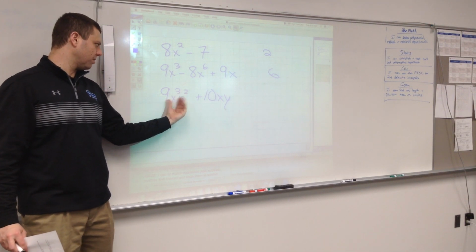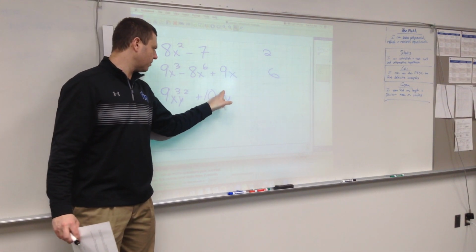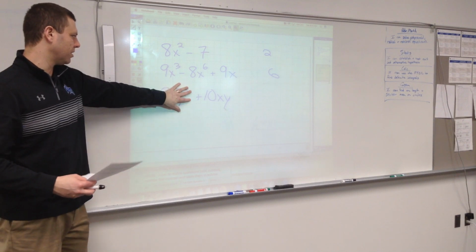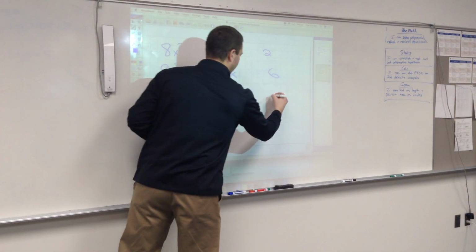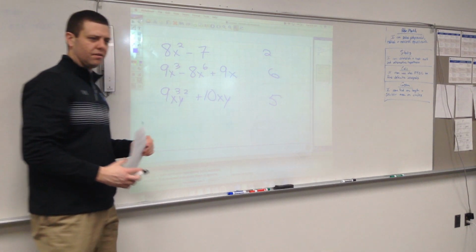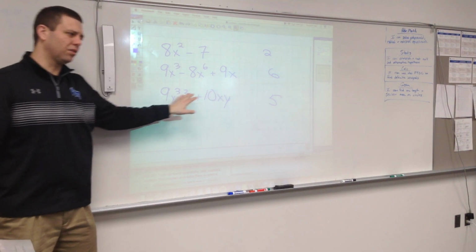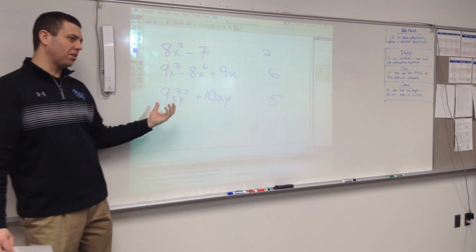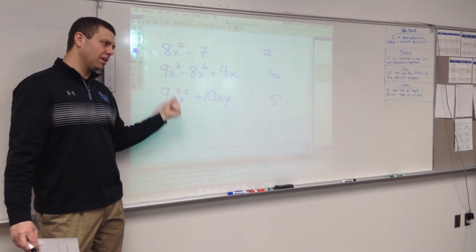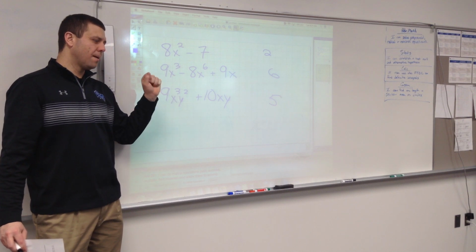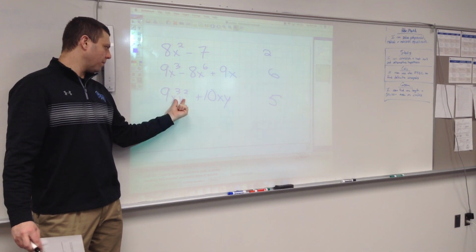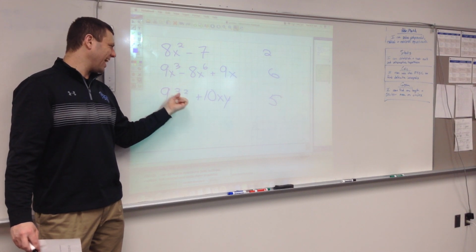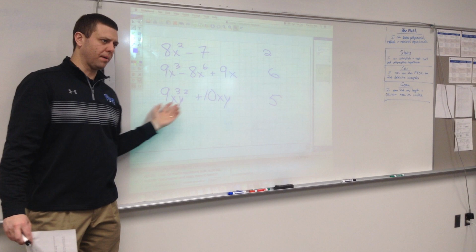So the degree of that term is 5, the degree of this term is 1 plus 1 or 2, so the term that had the highest degree would be this one, and that would make the degree of that polynomial 5. We're not really going to be working much with multivariable polynomials, but in case you ever see that again or on a standardized test, the degree represents the highest power, or when you have multiple variables, the sum of those powers, the highest sum you get on any of the terms within the polynomial.